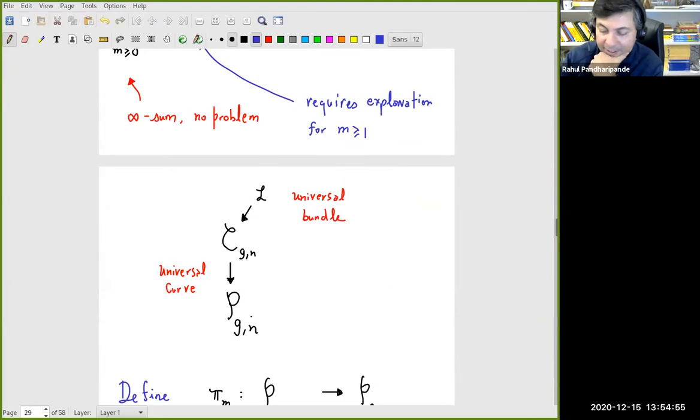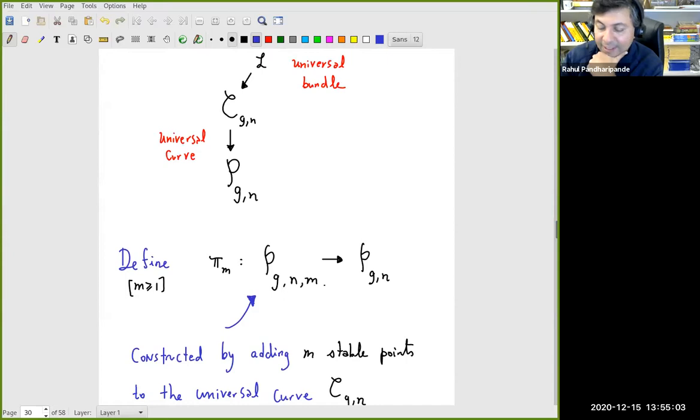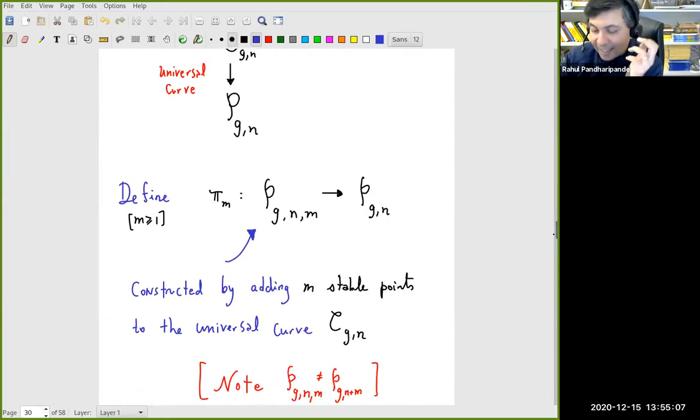We have over the Picard stack, there's a universal curve, universal line bundle, and we need to be able to define these additions of points that's happening like in the Deligne-Mumford world. And the way you do that is if you have some particular Picard family, you can start adding some Deligne-Mumford points on the universal curve.